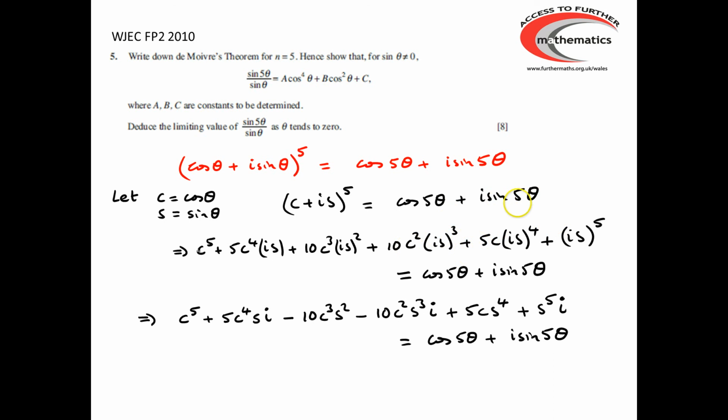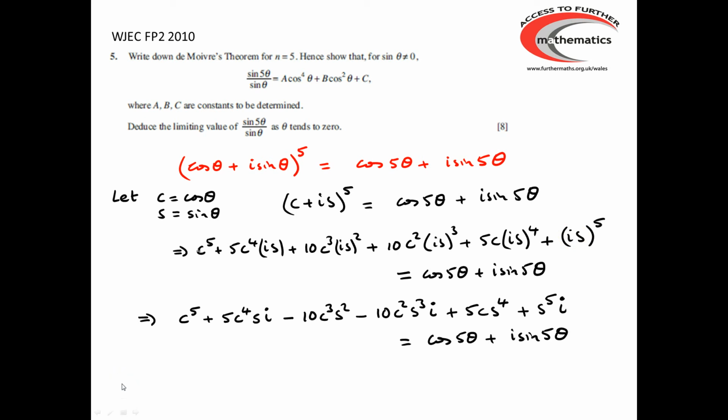Next term along, there we go, is 5c i to the 4 s to the 4, but i to the 4 is 1. So that term is 5c s to the 4, and then the final term is is to the 5, and i to the power 5 is just the same thing as i, so that's is to the 5.